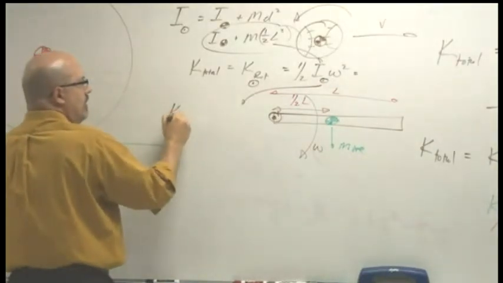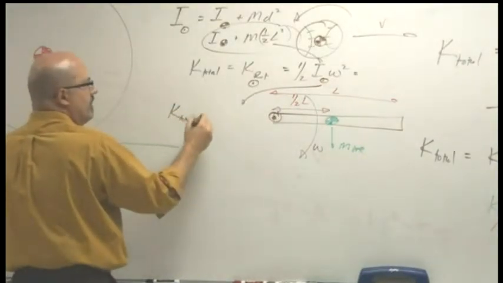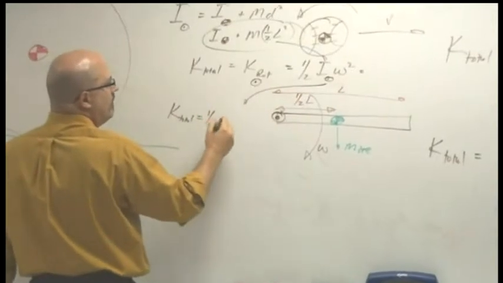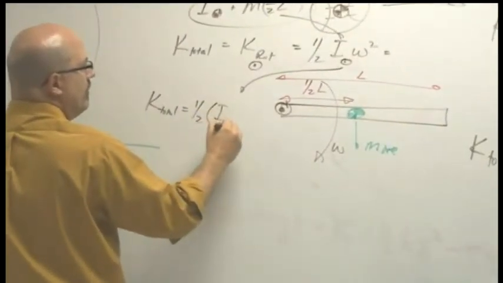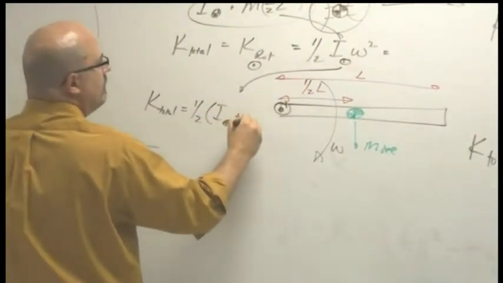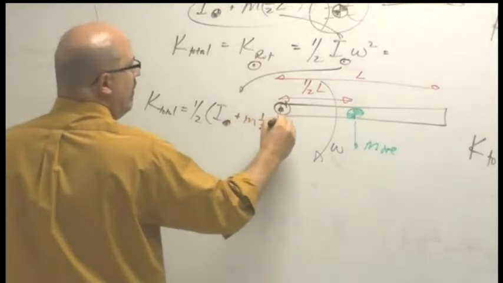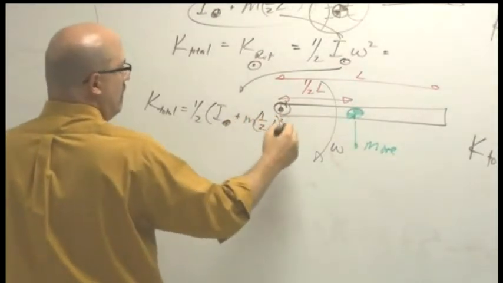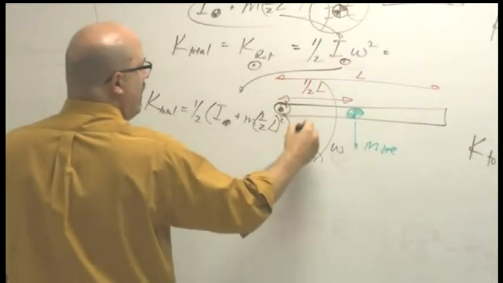So my total kinetic energy is 1/2, and then I get the moment of inertia about the center of mass plus m (1/2 L) squared, times omega squared.